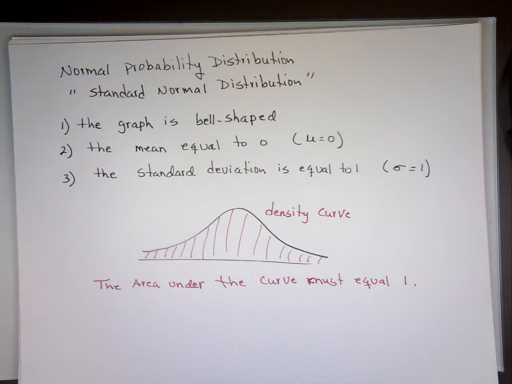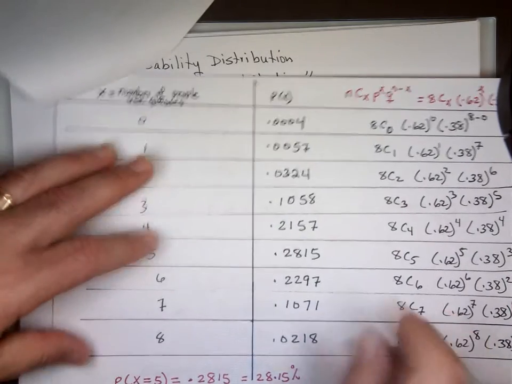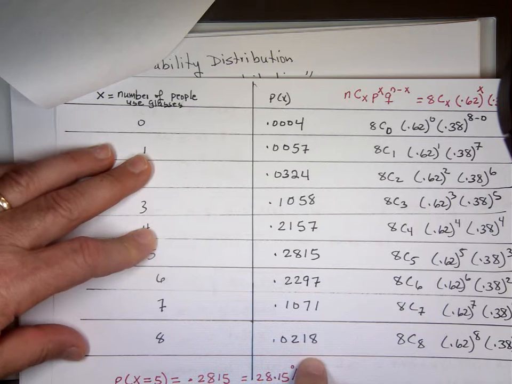Well, since the area is 1, think about probability. When you add all the probabilities, like we did with the table in the last video of people over the age of 62 wearing sunglasses, if you add all these probabilities, that sum should be what? 1.